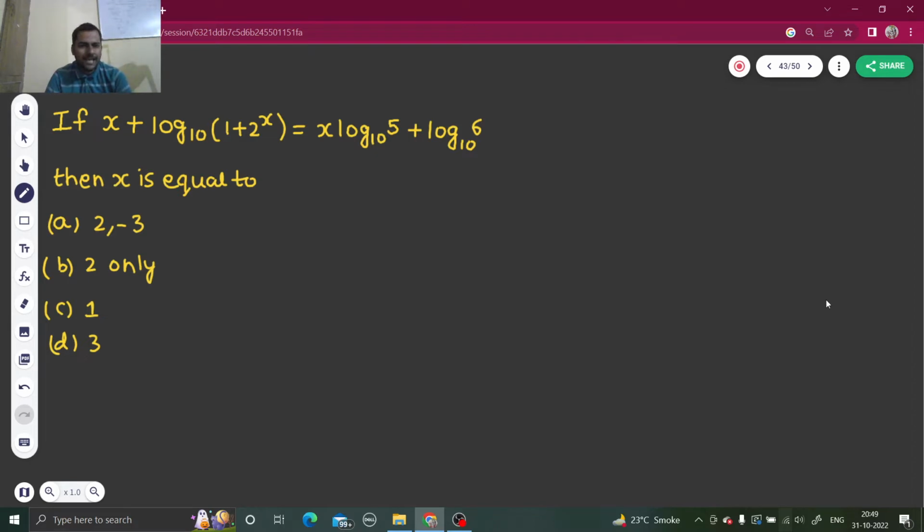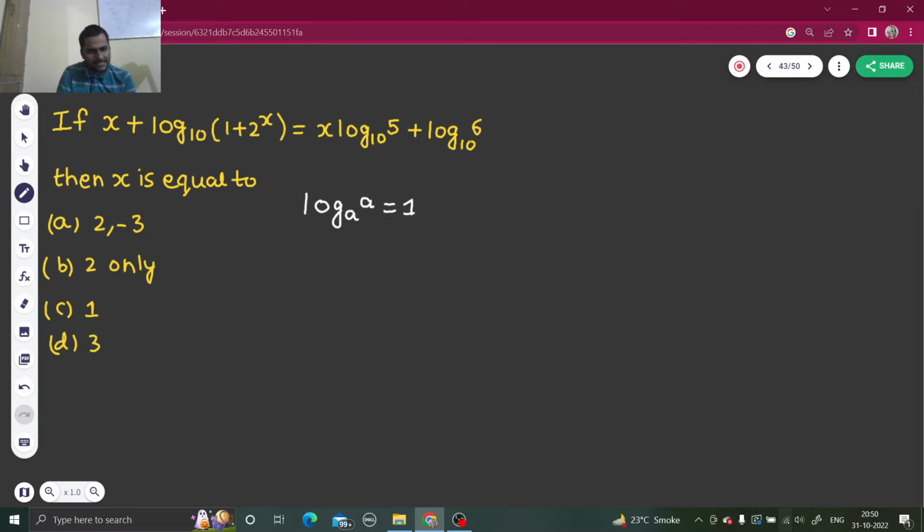As you can see, there are basically four terms everywhere. In three terms you are seeing log base 10, but in the first term, which is x, you can't see a log there. But you know one basic property of logarithm, that log a to the base a is 1.